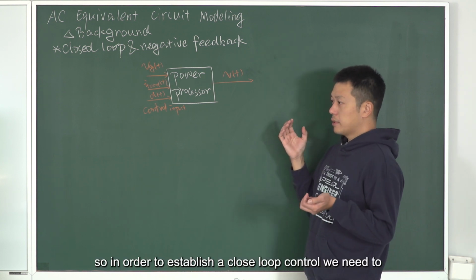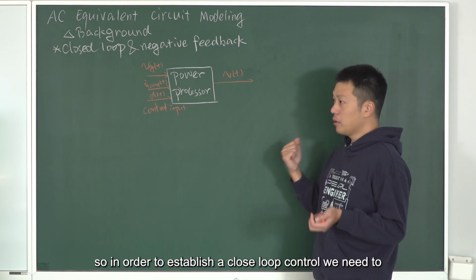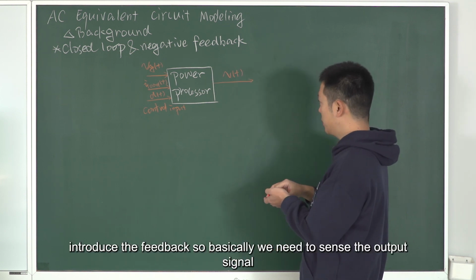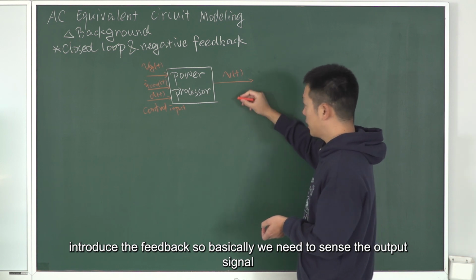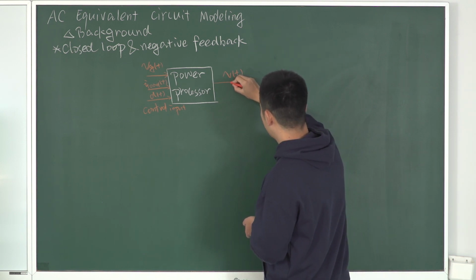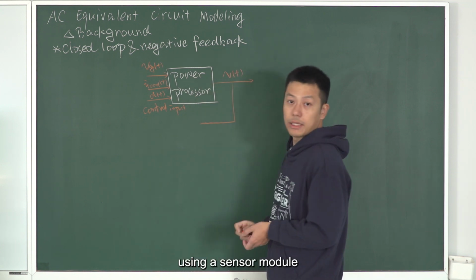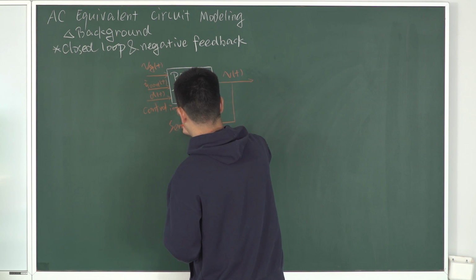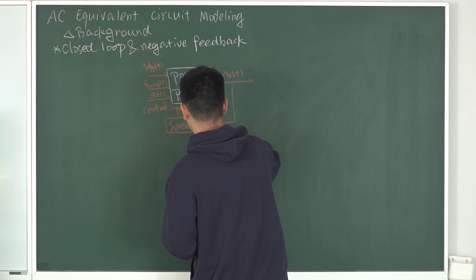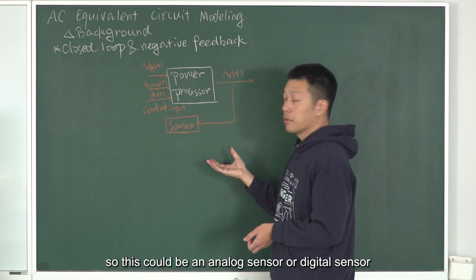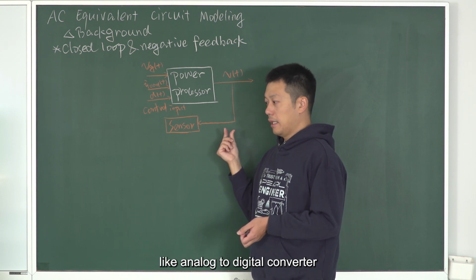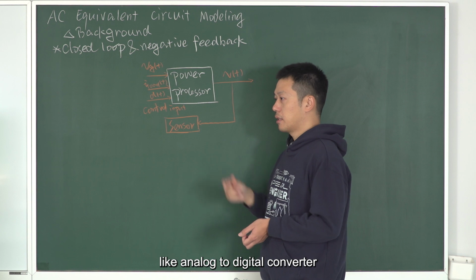So in order to establish a closed loop control, we need to introduce the feedback. Basically, we need to sense the output signal using a sensor module. This could be an analog sensor or a digital sensor, like an analog to digital converter.